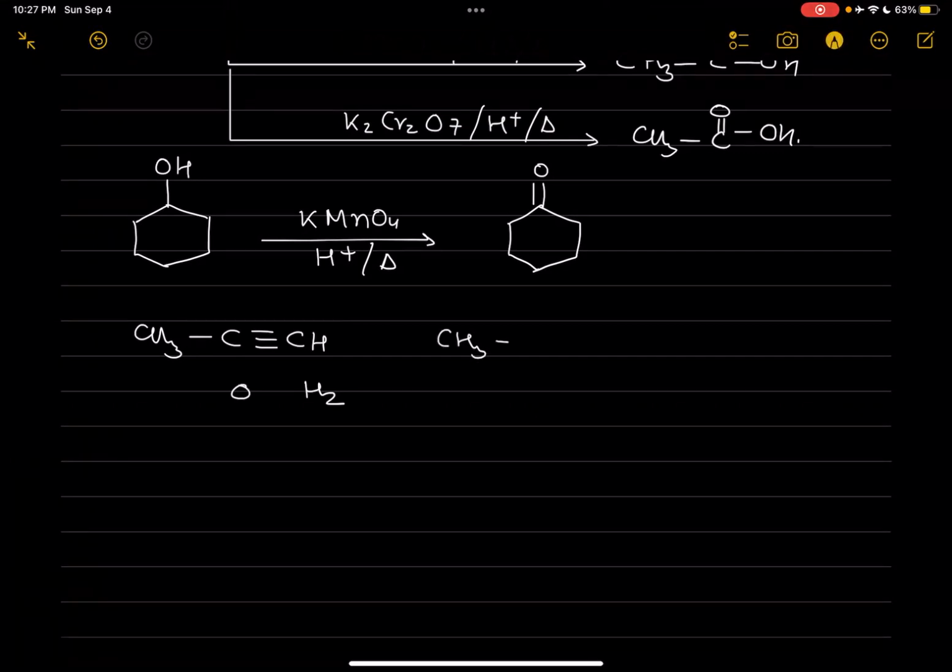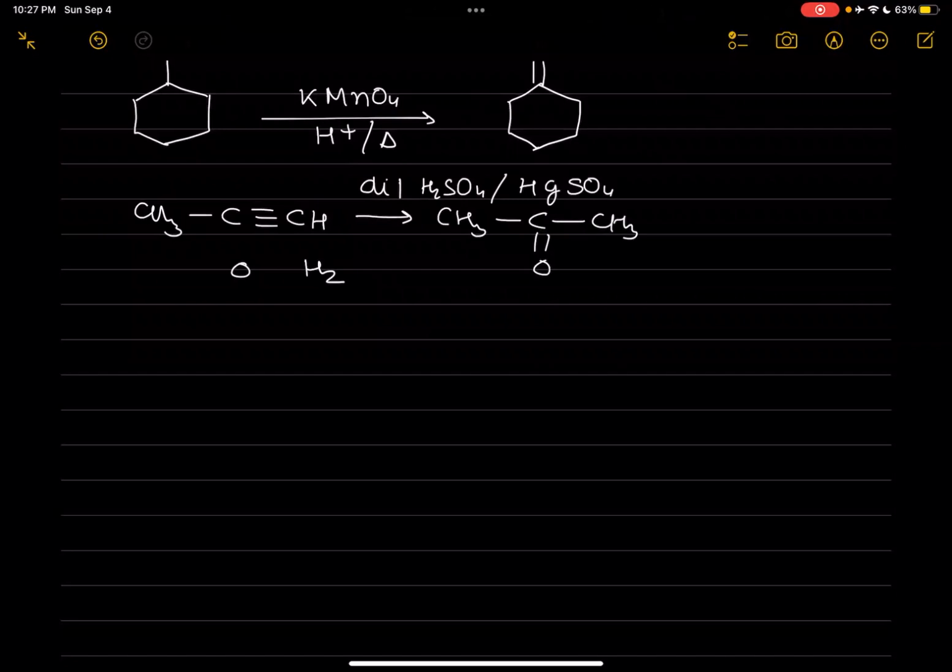So you get CH3-C(=O)-CH3. Markovnikov addition uses dilute H2SO4 and HgSO4, where Hg2+ is a catalyst. That's the way to add water to alkyne in a Markovnikov way.